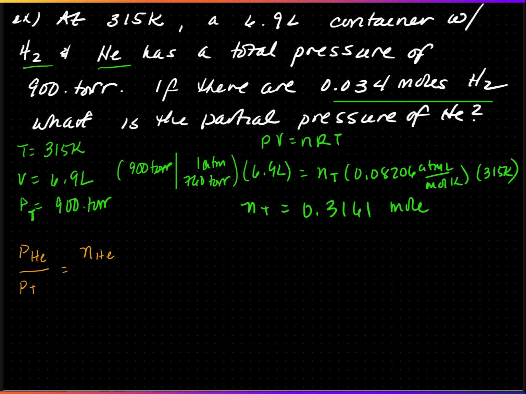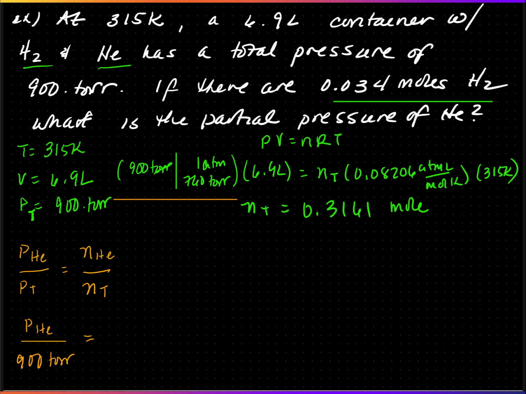We are looking for the partial pressure of helium. The total pressure is given in torr, 900 torr. We do not have to convert unless it asks. We converted in PV equals nRT because the gas constant is in atm.